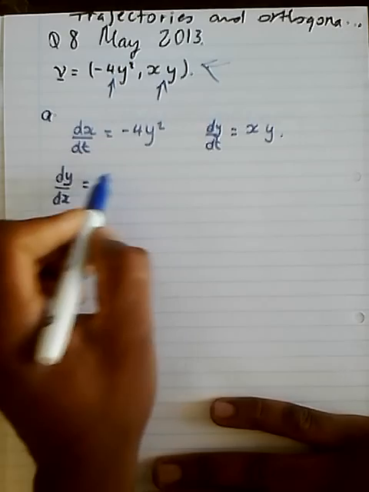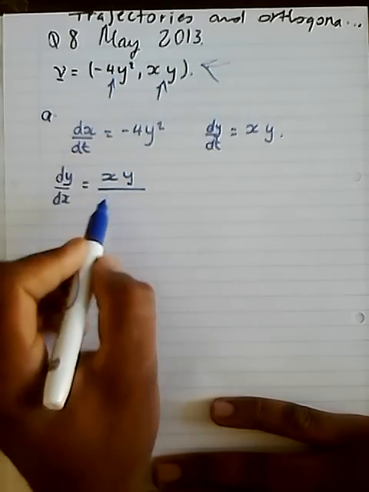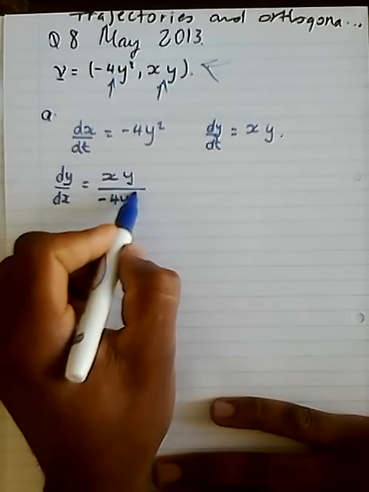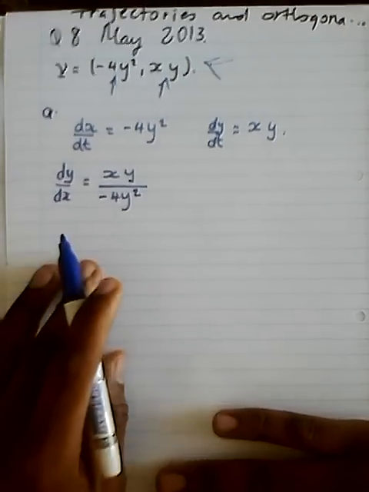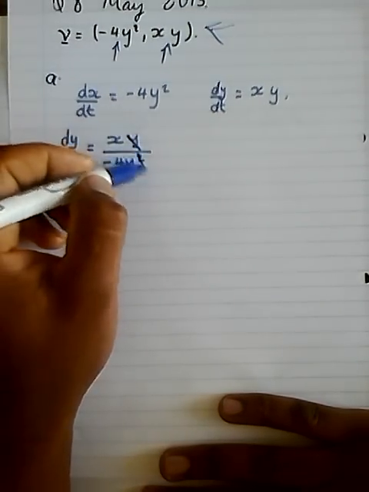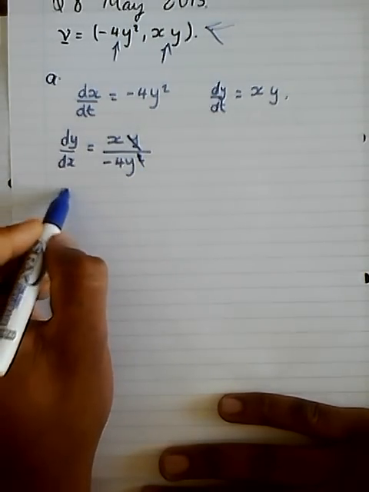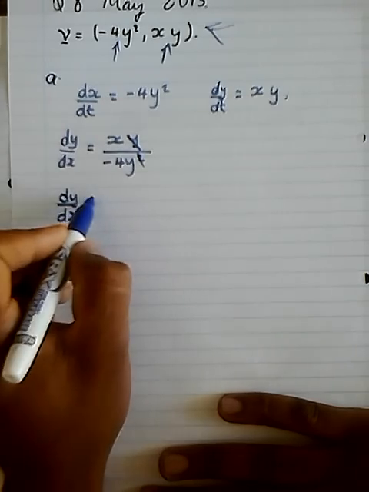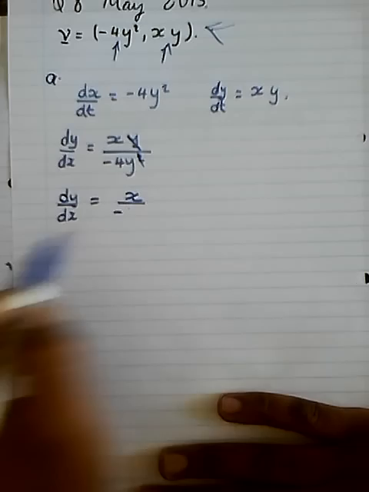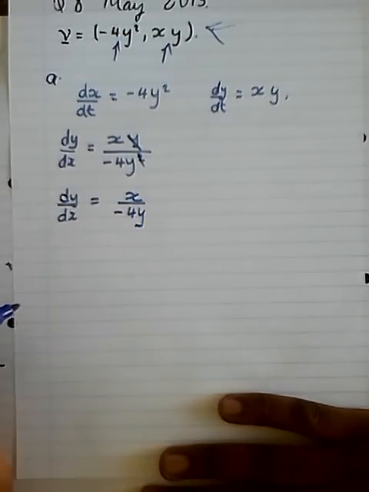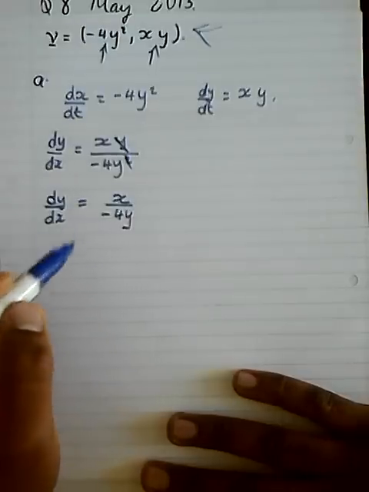So dy/dt is xy, and then we divide that by minus 4y squared, which is dx/dt inverse. Note that this y will cancel out the other y in the denominator, and we'll be remaining with dy/dx is equal to x over minus 4y. Now we need to solve this differential equation.